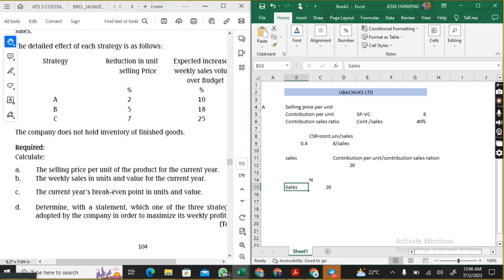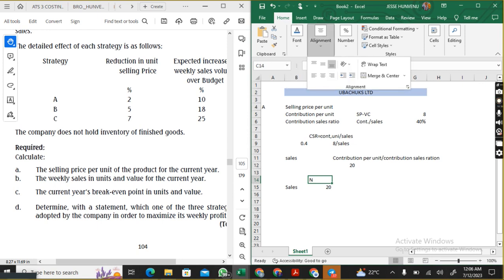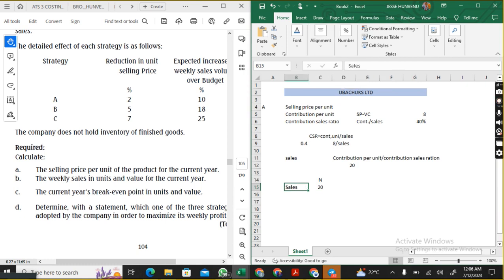So that means you have sales per unit here, and we can relate now, per unit.